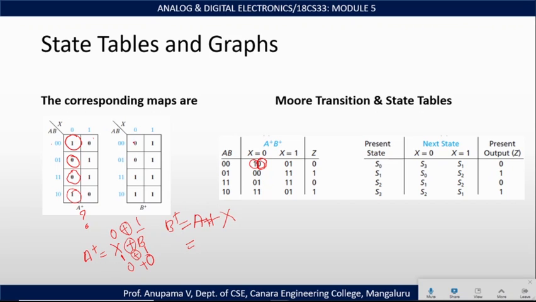In the second table, the B plus entry is 0. So combine: 1 0, 0 0, 0 1, 1 1. When x is equal to 1: 0 0, 0 1, so I am going to combine these two. 0 1 here, 1 1, next 1 1 and 0 1.